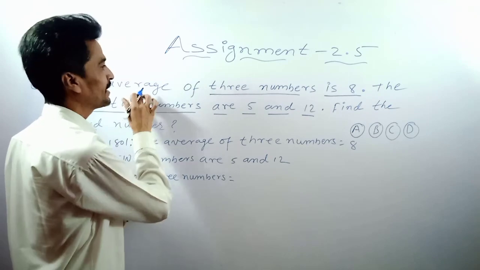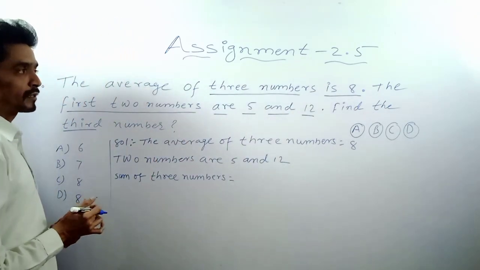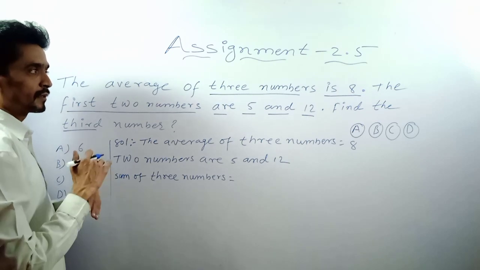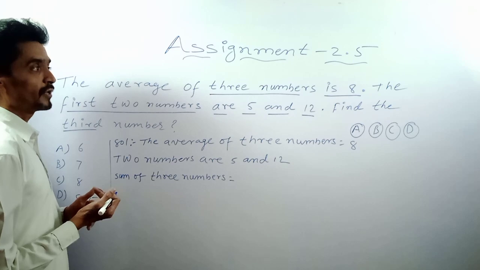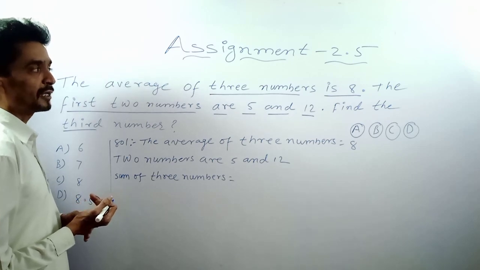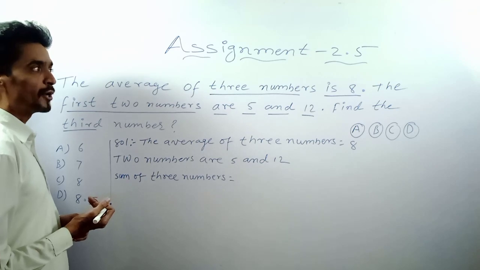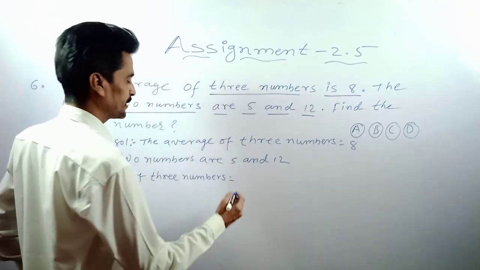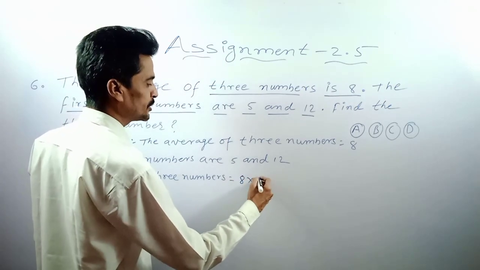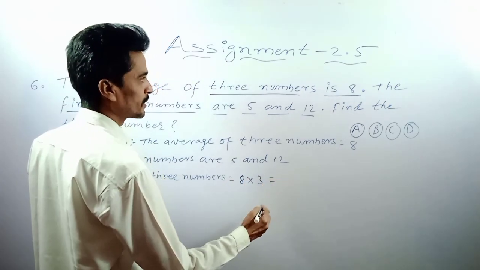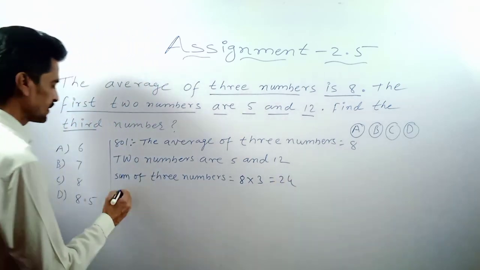What clue? Average is given for 3 numbers. So how can we find out the sum? We can find out the sum by multiplying average with the number of data. So sum of 3 numbers equals 8 into how many total numbers? 3 numbers. 8 3s are 24.